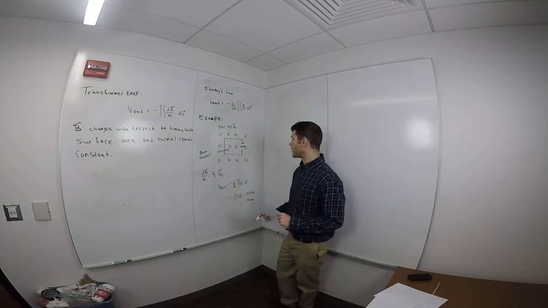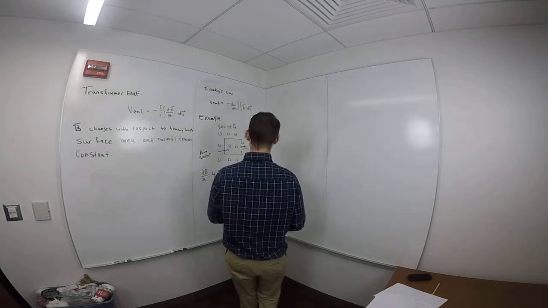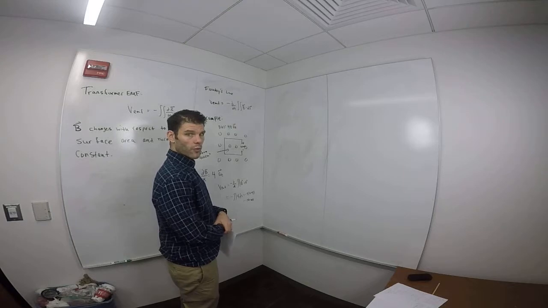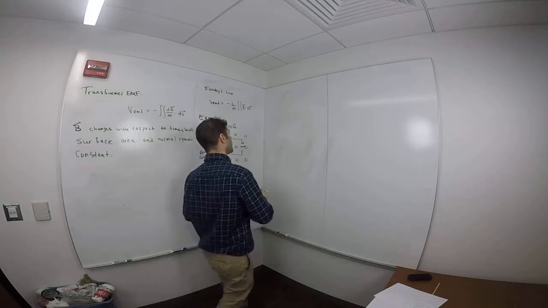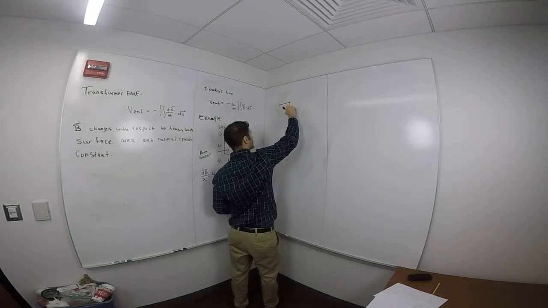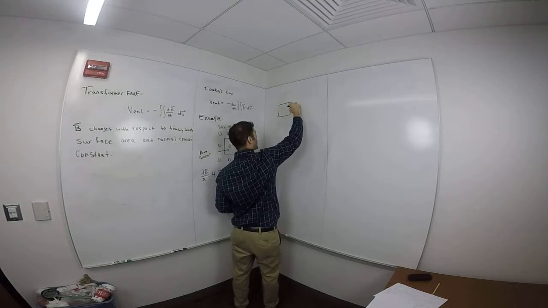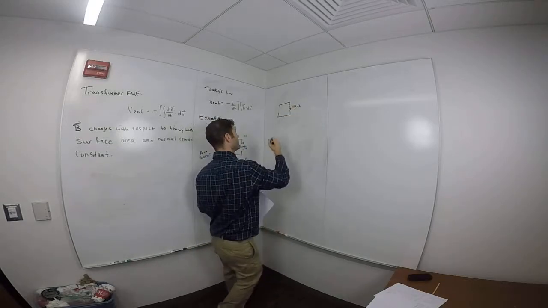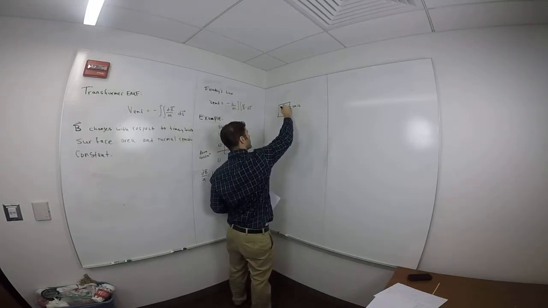Now the second part of this example says, what if where we had this open circuit, we closed that circuit with a 100 ohm resistor? In this case, the induced voltage would still be the same, 160 millivolts.